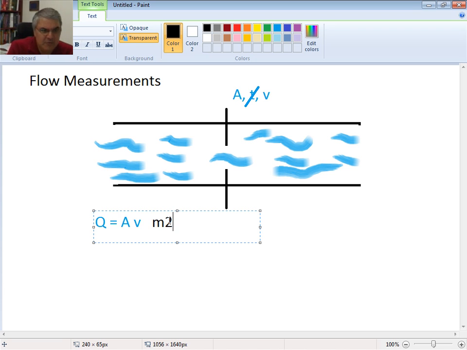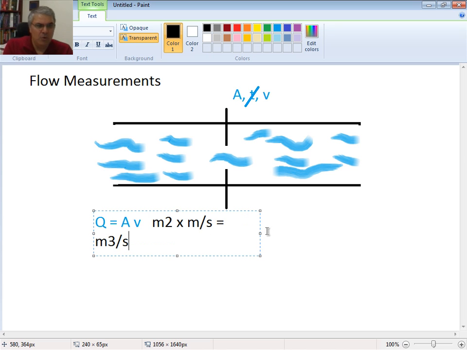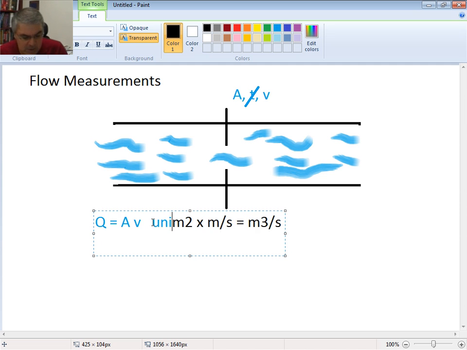So it's meter squared multiplied by, and I show multiplication by a simple x here, the velocity. It's per second, right? So meter per second, so the result unit-wise would be what? Cubic meter per second, right? I think that helps you understand the unit more. So that is really the unit, and I'm going to spell it out here to show you the units.